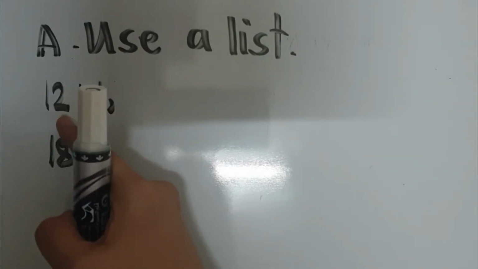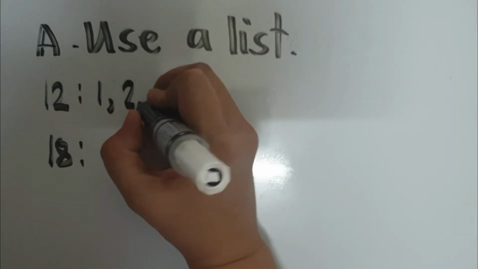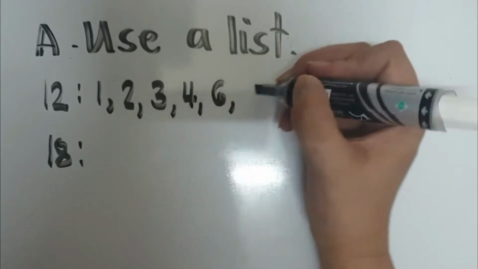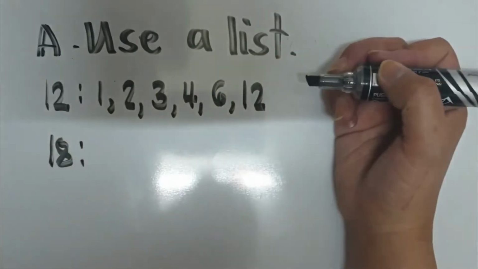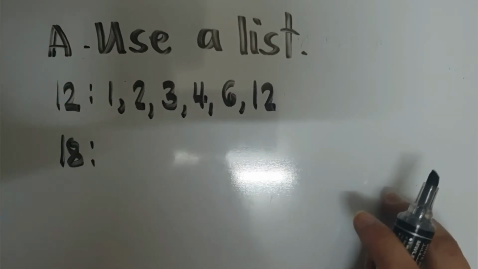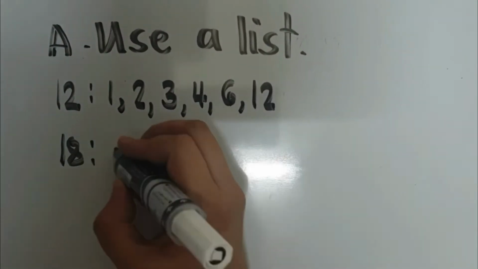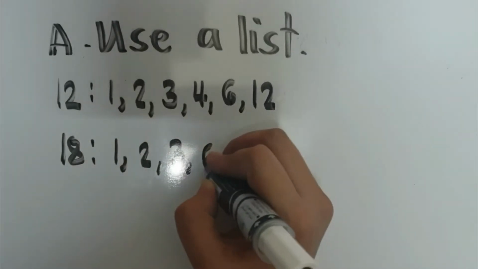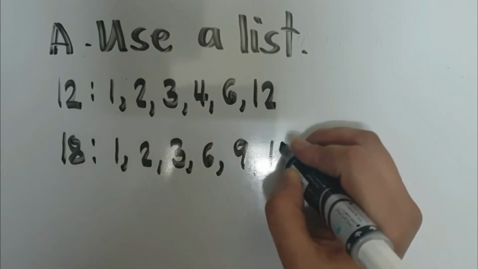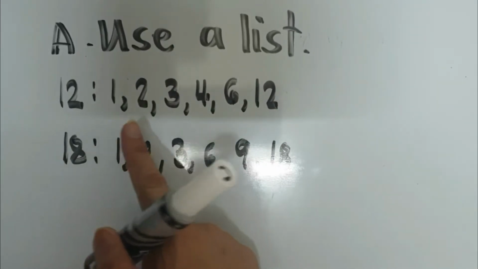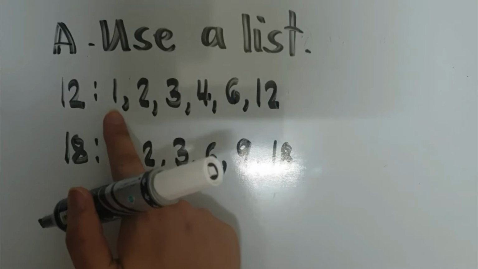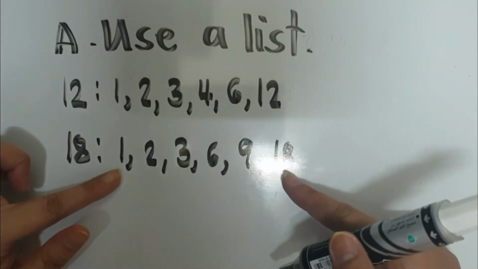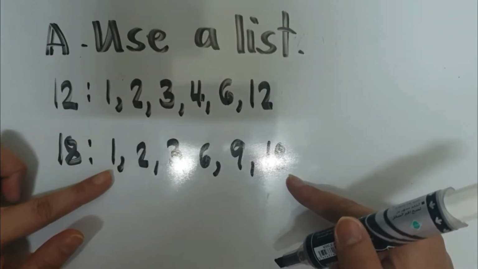So, the factors of 12 are 1, 2, 3, 4, 6, and 12, while the factors of 18 are 1, 2, 3, 6, 9, and 18. As you can see, when we write the factors, we start with 1 and end with the given number.